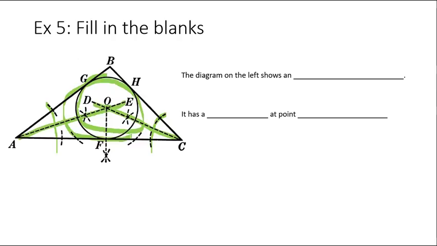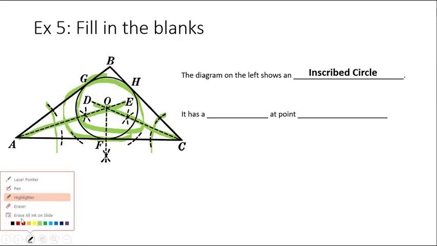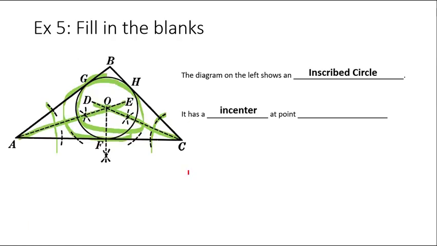Okay. So it says the diagram on the left shows an inscribed circle. So we say it has an incenter, and the incenter is right here in the middle where the lines meet at point O. So incenter right there, we say at point O.